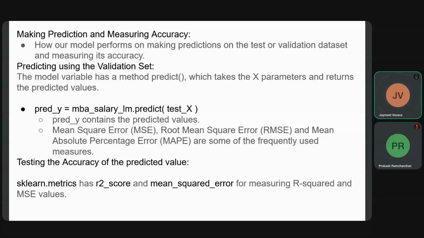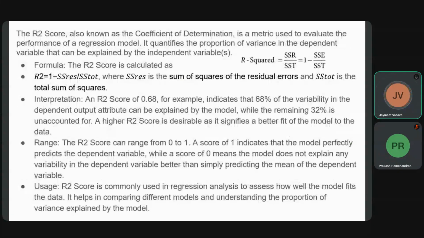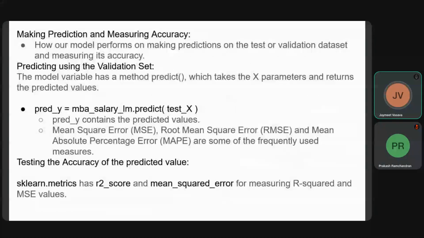We'll be using the scikit-learn metrics to calculate the R squared score and the MSE values. The root mean square error, RMSE, can be computed through NumPy, as NumPy has the square root function.